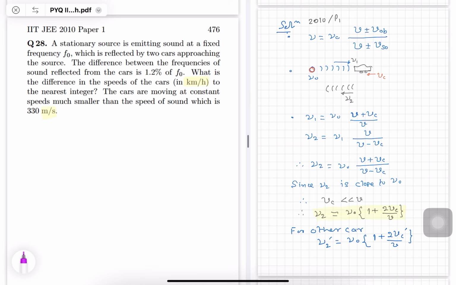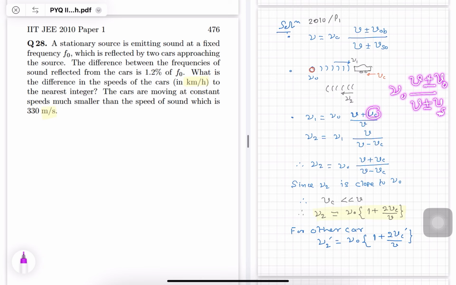So applying the Doppler formula, nu1 should be written like this, because while receiving the sound, the car behaves like a moving observer, and the effect of the velocity of the observer comes in the numerator of that popular formula, that is nu naught into (v plus or minus v observer) upon (v plus or minus v source).